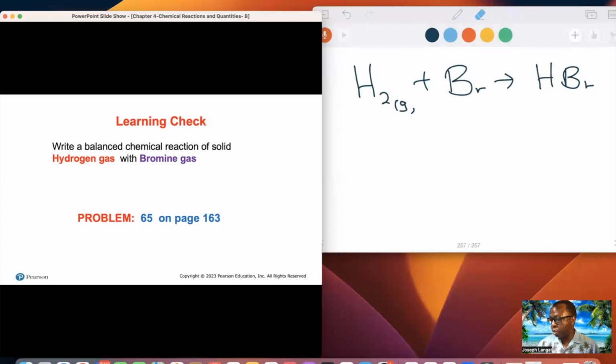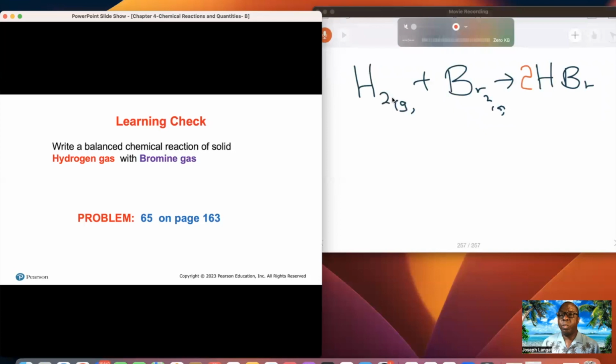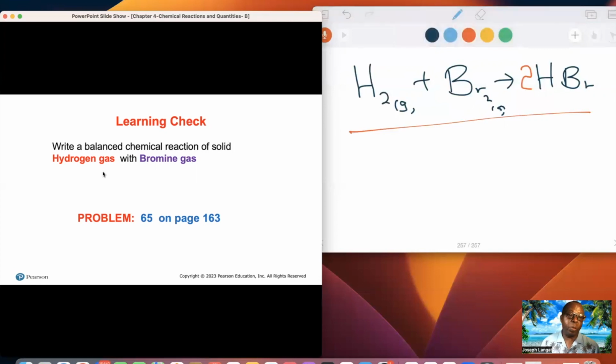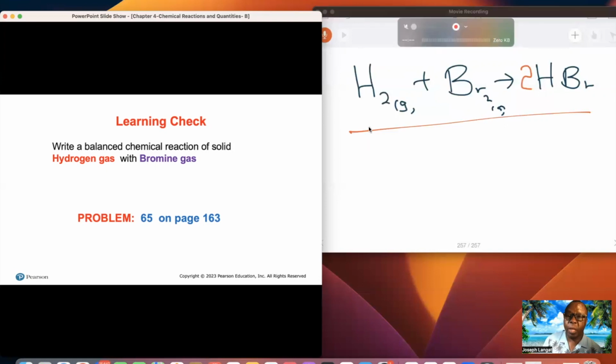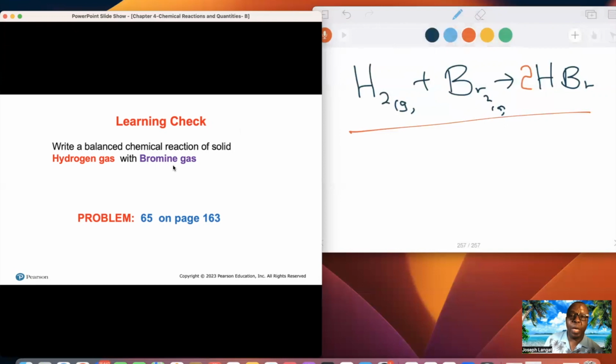By the way, this is diatomic too. And I think the 2 just here balances the equation. 2 hydrogens, 2 hydrogens, 2 bromine, 2 bromine, and the equation is balanced. This is the reaction between hydrogen gas, which is diatomic. Bromine gas is diatomic too. This is the balanced equation.